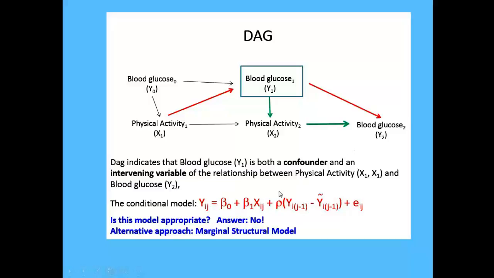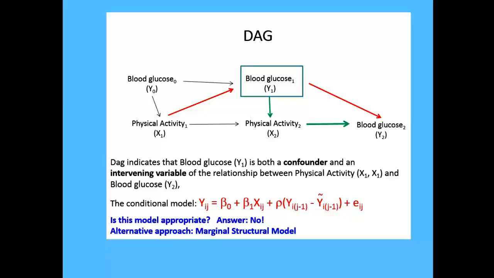So one of the problems is if I use this particular model and I say, well, I'm going to control for the earlier value. If I do that, okay, I'm dealing with the confounding part, but I'm not dealing with the intervening variable part.